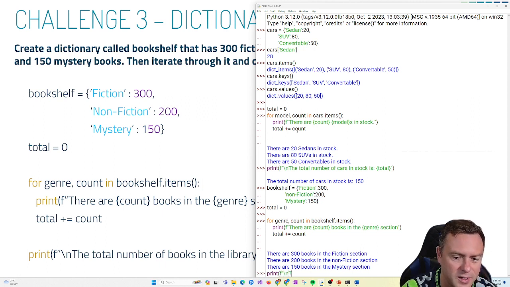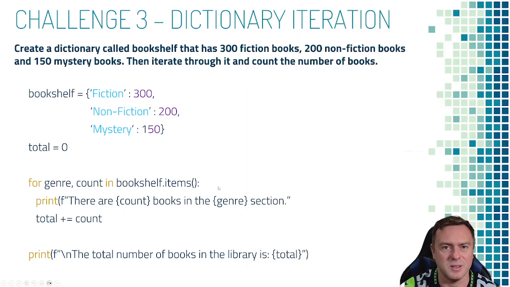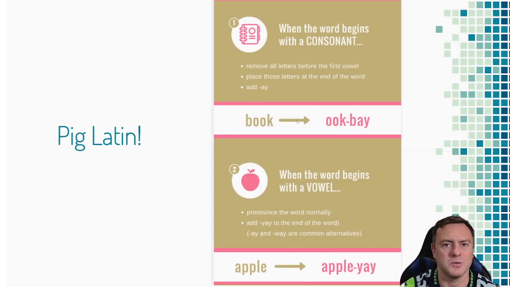If I want to do a new line, you can. The total number of books in the library are total. Cool. So then that's another way of doing string concatenation with this f-string, which is super useful.